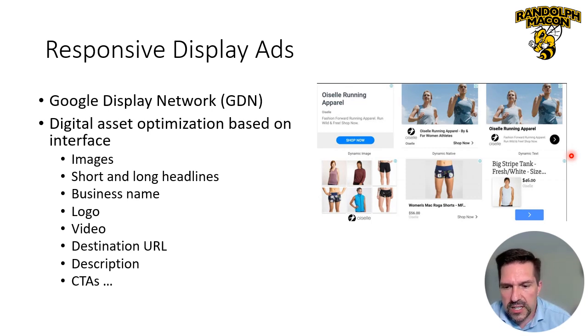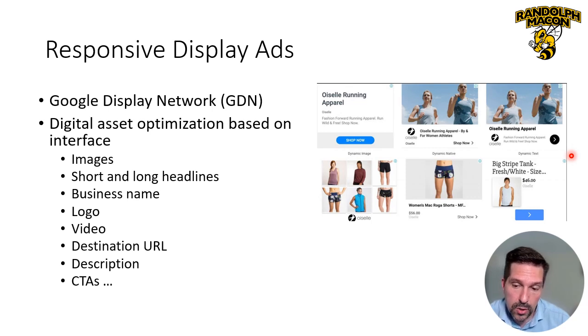So the first type that we tangentially touched upon was this idea of responsive display ads, which is within the Google Display Network. So this is the Google ecosystem, right? And given that Google is such a huge player in search, we already touched on this a little bit when we discussed search. But the idea here is Google enables you to build ads.